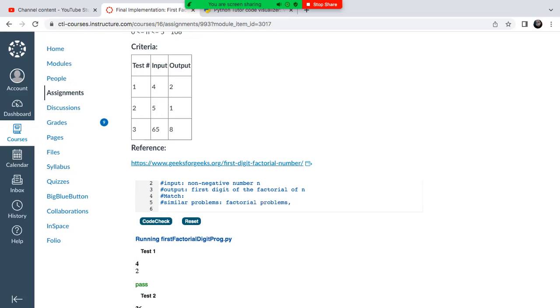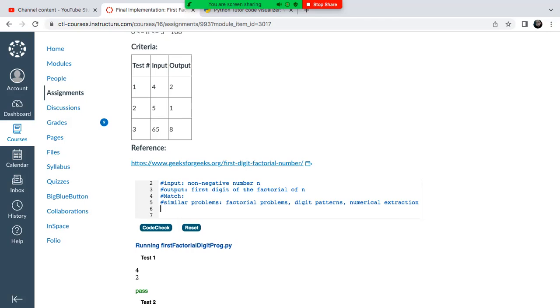And also digit patterns, anything with some kind of numerical extraction. So extraction of digits. We have those as matches.